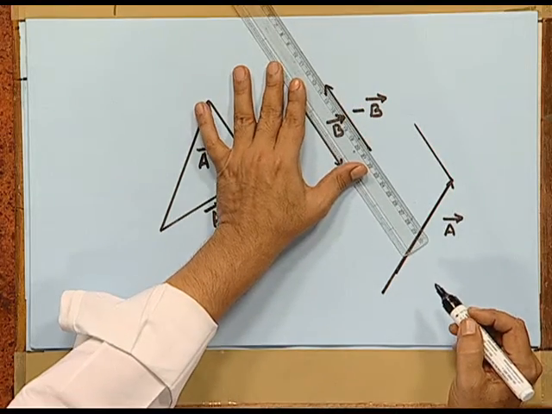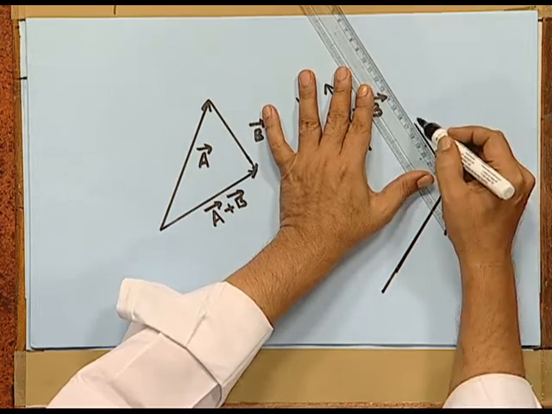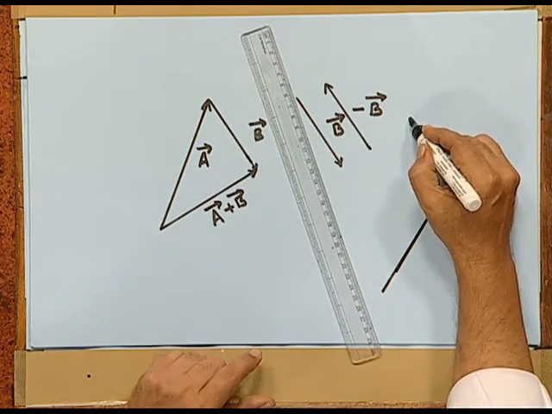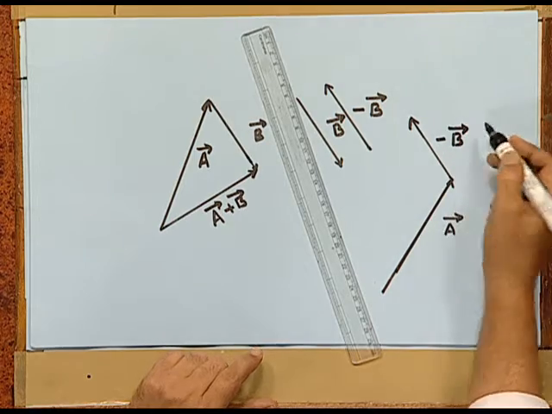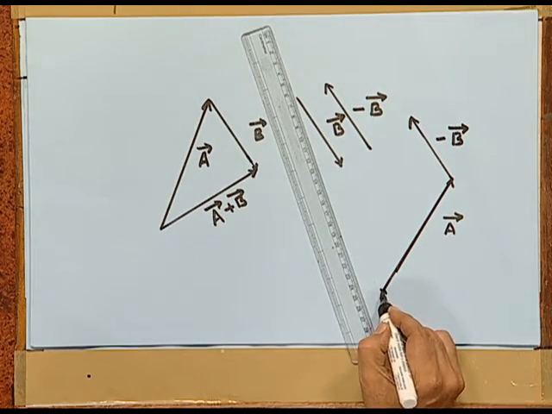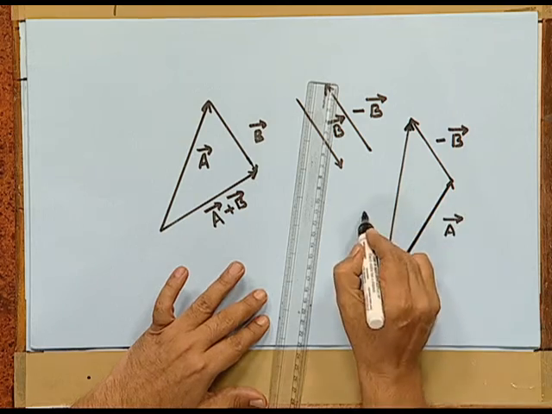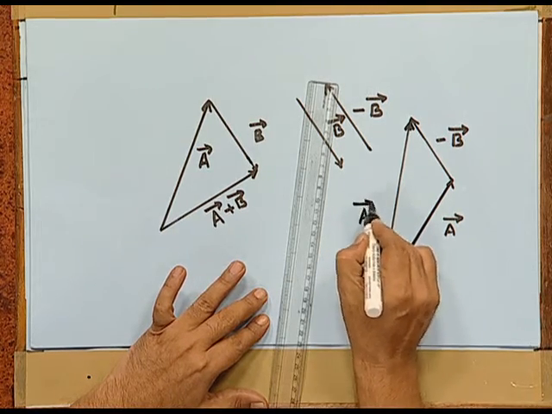So, this is vector minus B. Now, starting point to the ending point of minus B, this is vector A minus B.